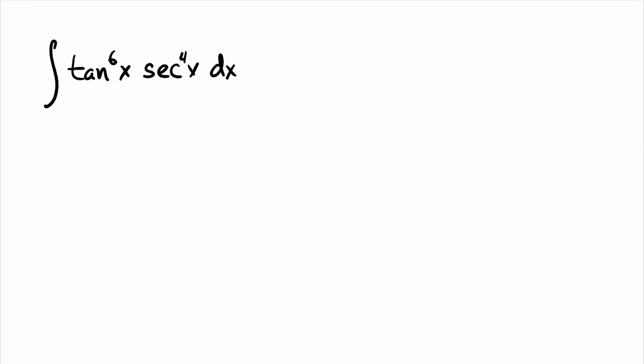Now that rule was telling us, we're looking for even powers on secant. We have even powers on secant, that's great. That means we can break off a secant squared. So we can rewrite this as tangent to the 6th of x times secant squared of x times secant squared of x.